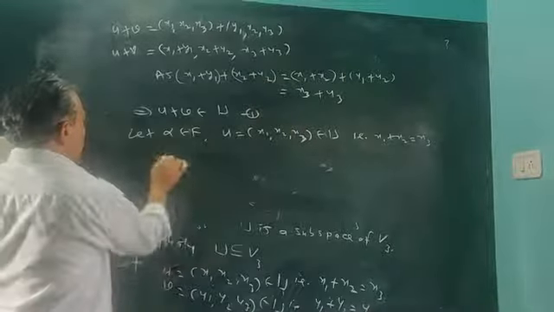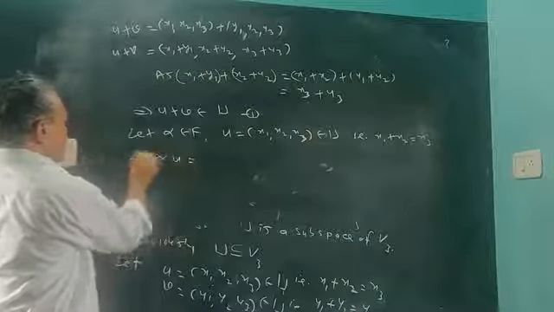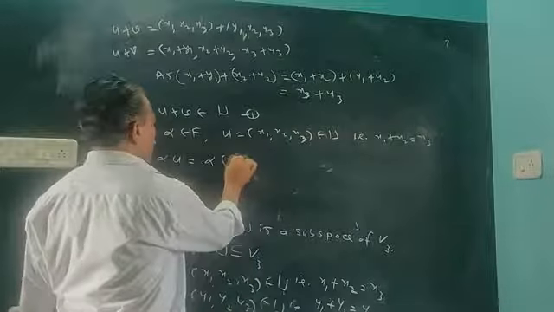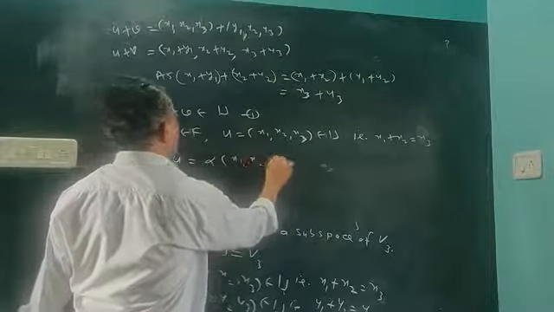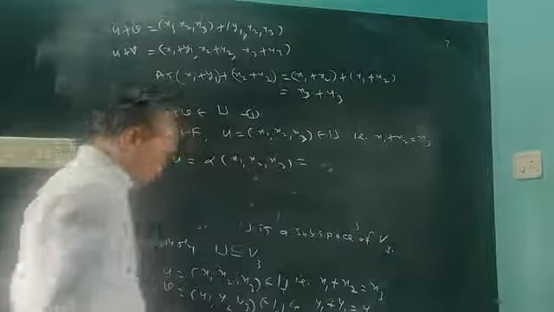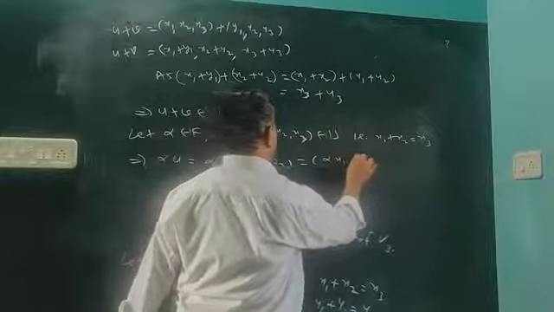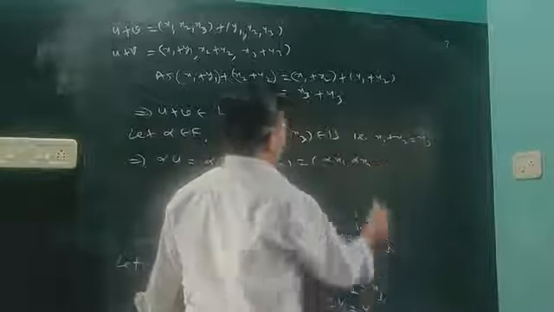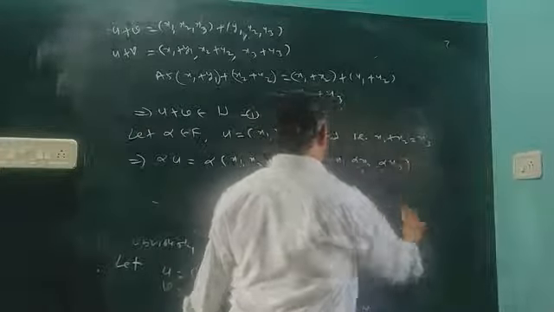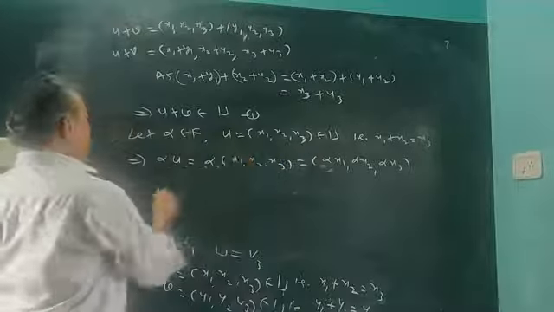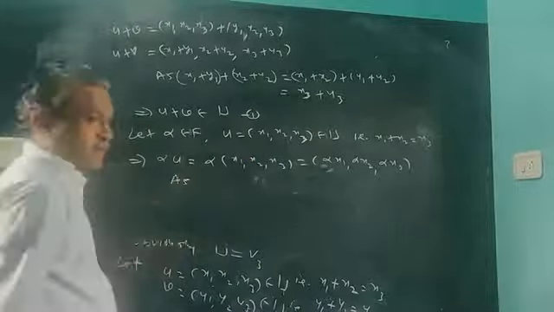Now check alpha into U, the second point. Alpha into U is the scalar multiple: alpha x1, alpha x2, alpha x3. Now check whether it belongs to U or not.